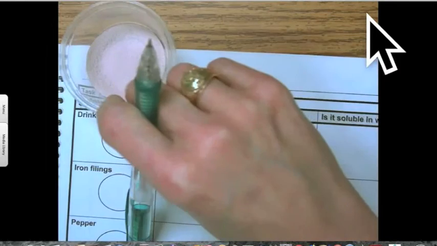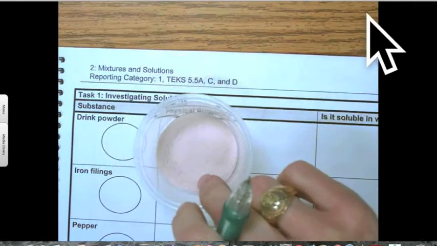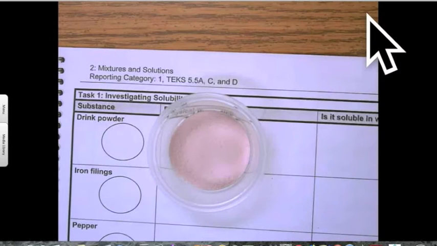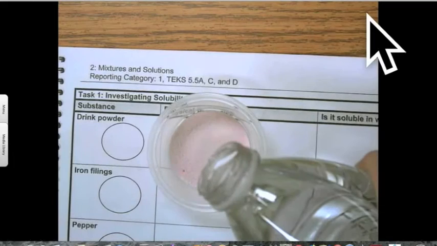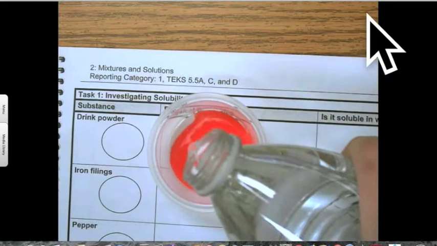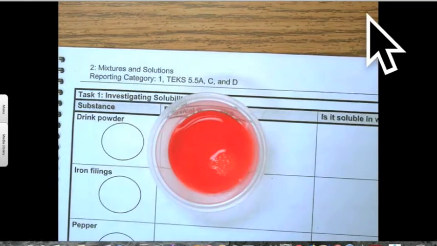Let's start with our drink powder, or the Kool-Aid. I'm going to add a little bit of water to the Kool-Aid, and let's see what happens. Well, right off, we see that it changed color. It's a lot darker pink.